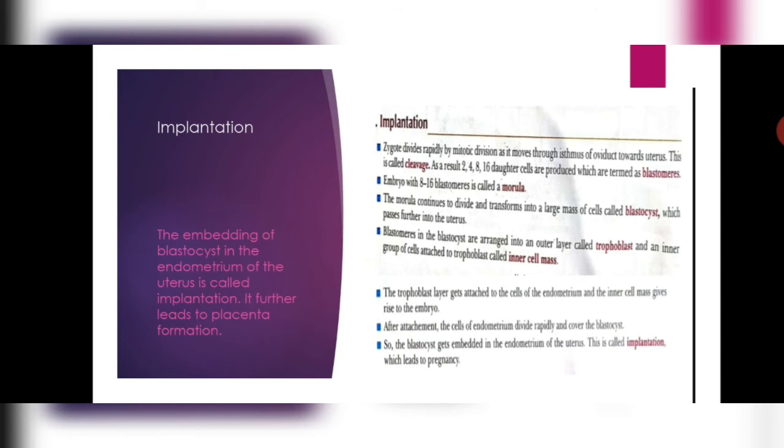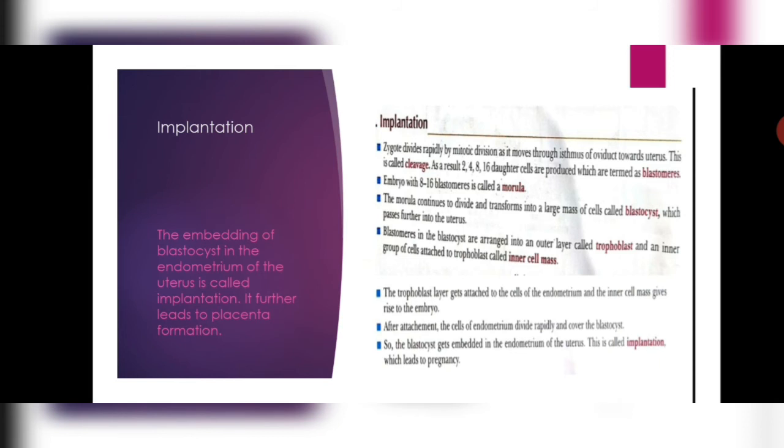First, it makes a 2-cell stage, then a 4-cell stage, then an 8-cell stage, then 16-cell stage, where each cell is known as a blastomere. The embryo, which has about 8 to 16 blastomeres, is known as a morula. This morula develops a cavity and is known as a blastocyst.